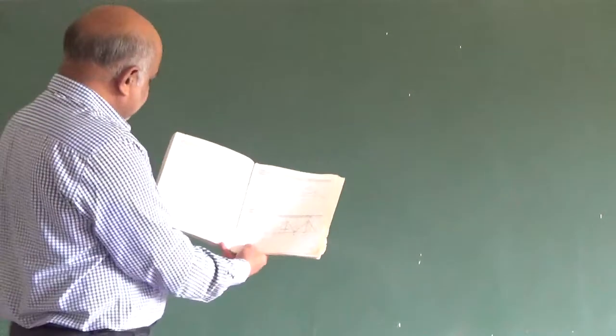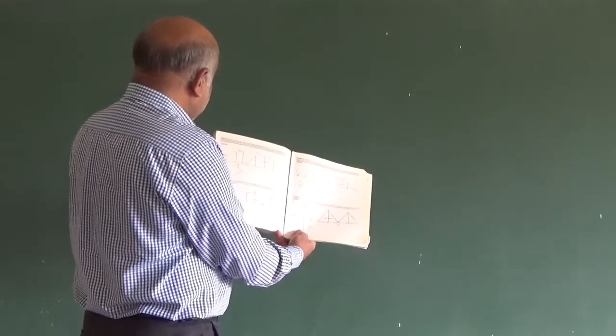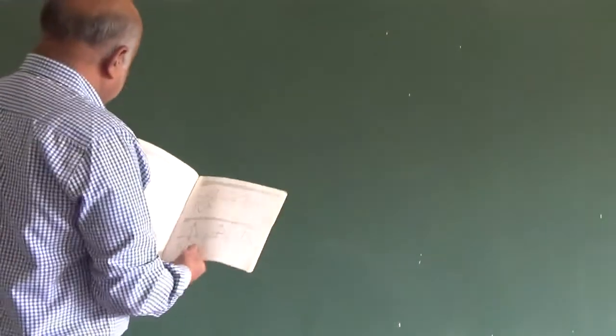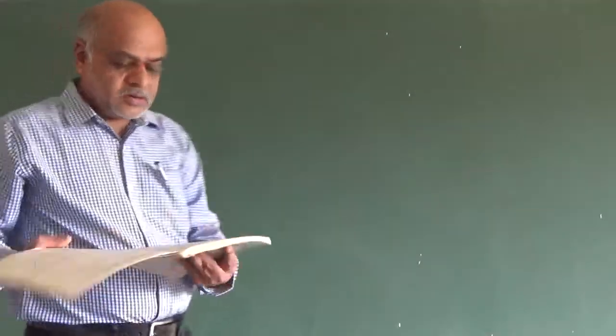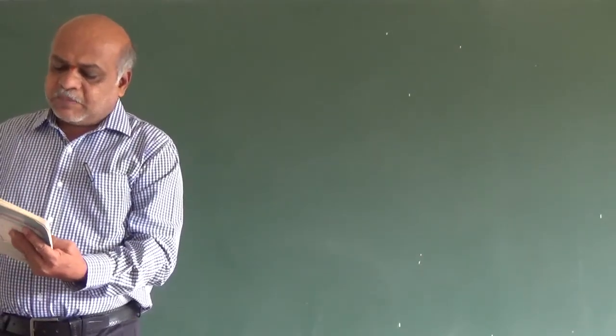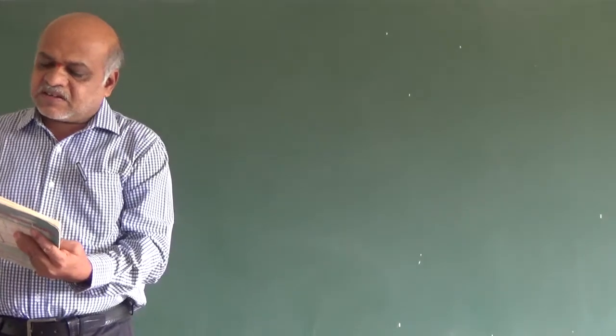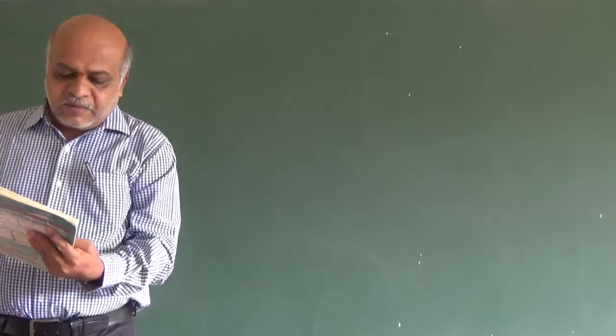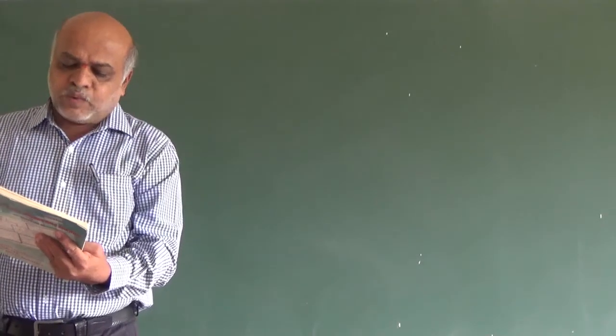So let us take one simple problem. This is from the solution book, problem number 3. The problem says: a square prism of base side 40 mm and axis length 60 mm is resting on HP on one of its bases with all the vertical faces being equally inclined to VP.